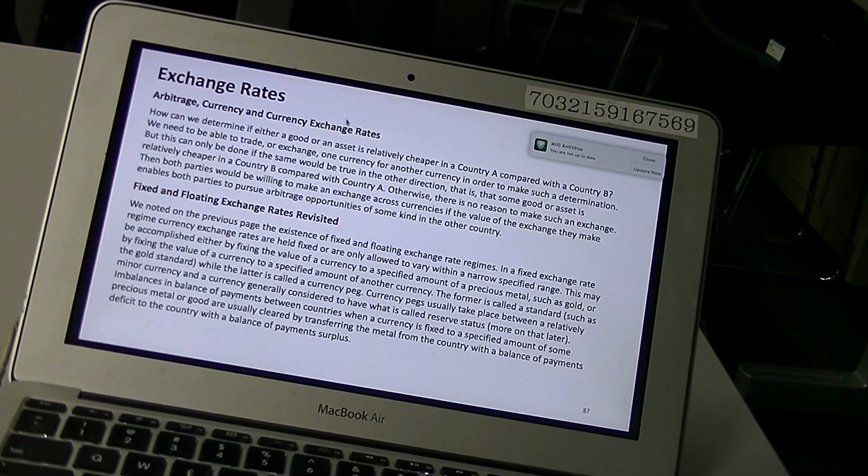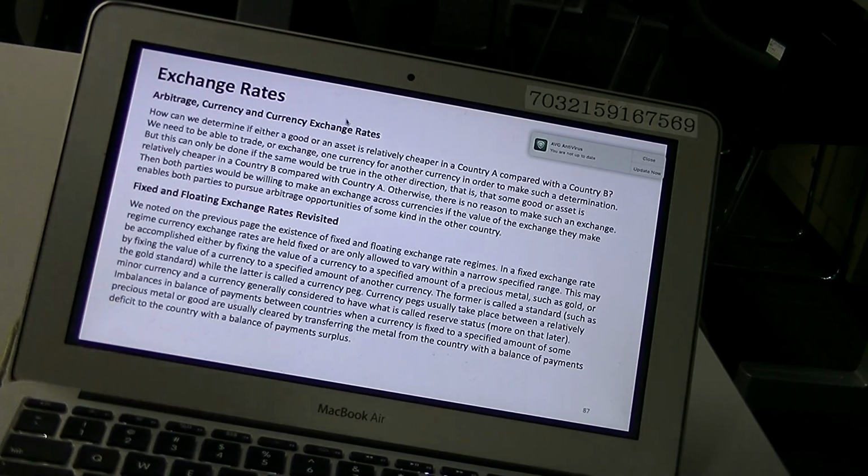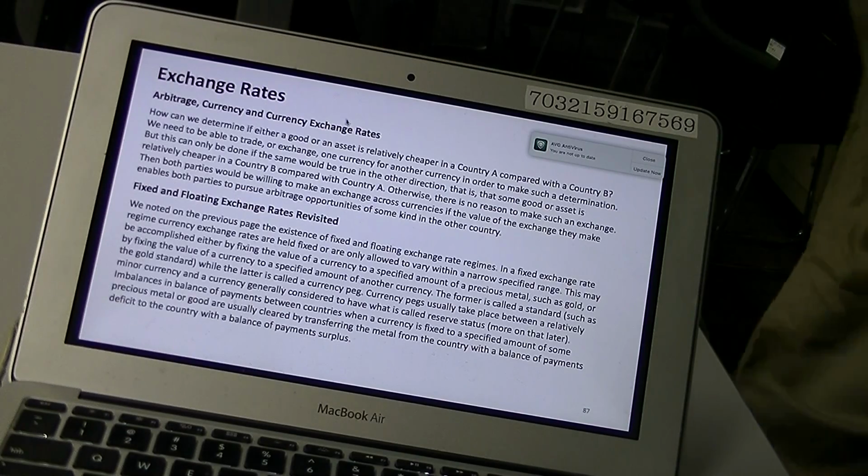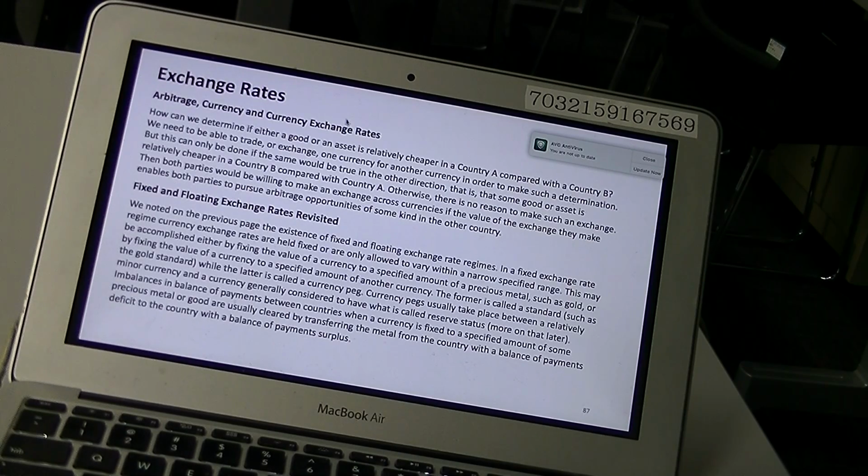One of the things that's also important is arbitrage. Let me talk about arbitrage. I've mentioned arbitrage.